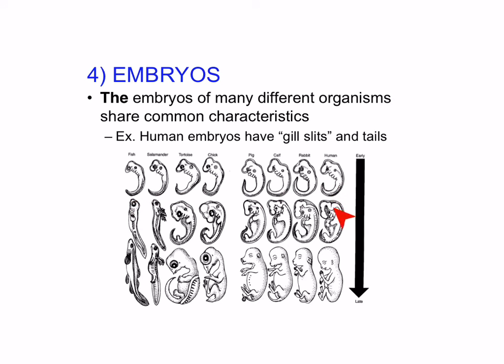As they grow and develop, of course, by the final stages, you begin to see the differences between them. But in the earliest stages, they look similar. This shows that they have a similar ancestry. And in particular, human embryos have gills and they have tails. Here's the human embryo, here its gills, and here's its tail. So that shows that at one point in time, our ancestors were similar.